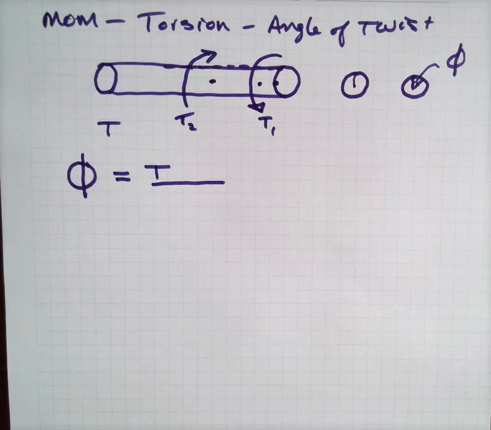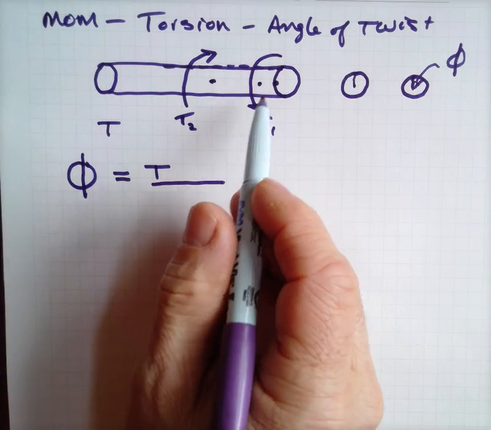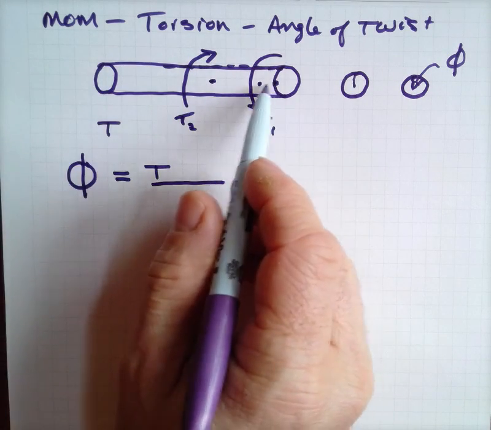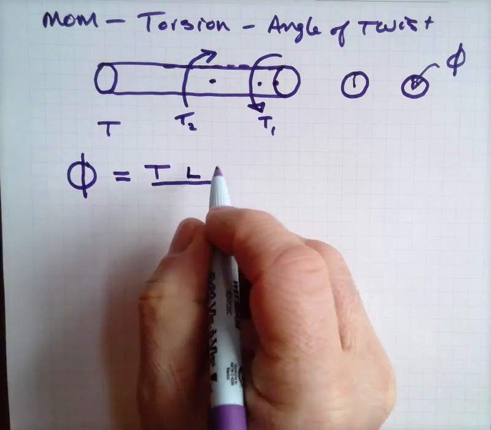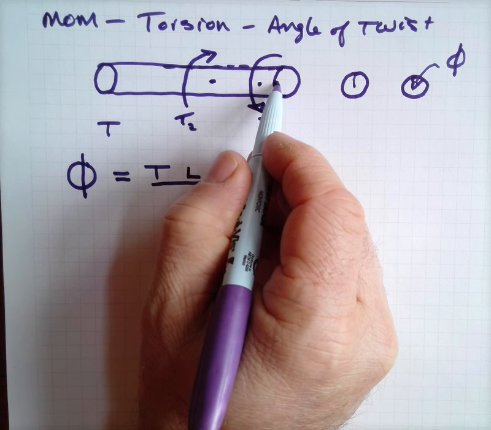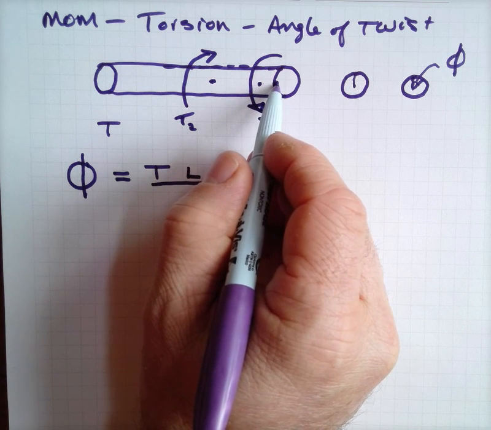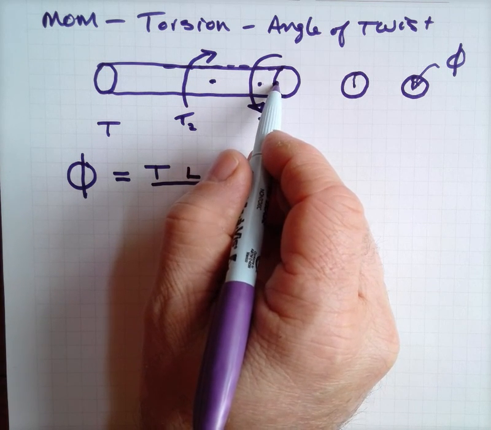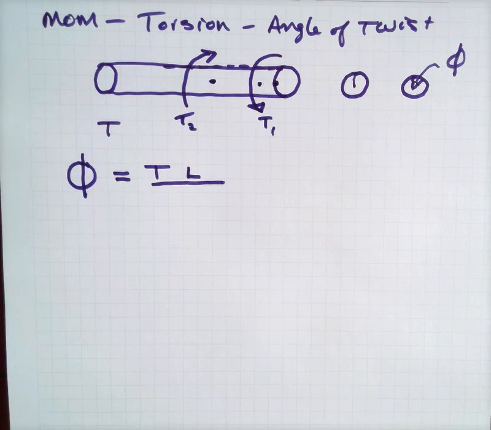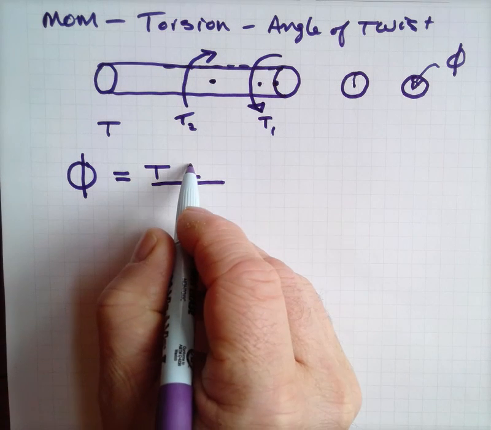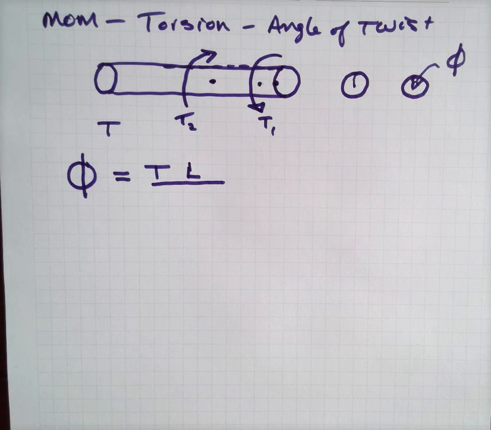And it turns out that the dependent variable in that dimension is the length. So we use the word length. With the same torque and the same everything else, I'm going to have more angle of twist between two further away points than I will between two closer points. And so again, length ends up in the numerator.